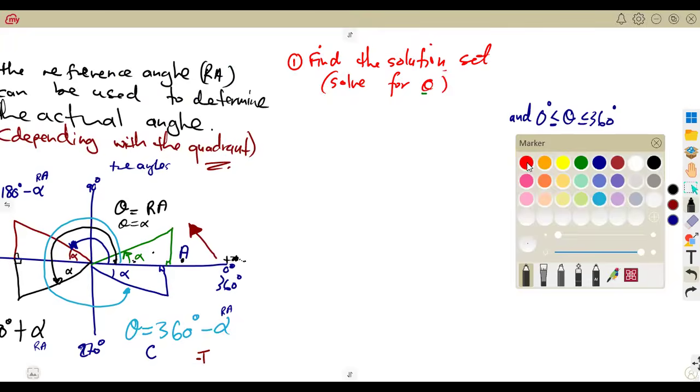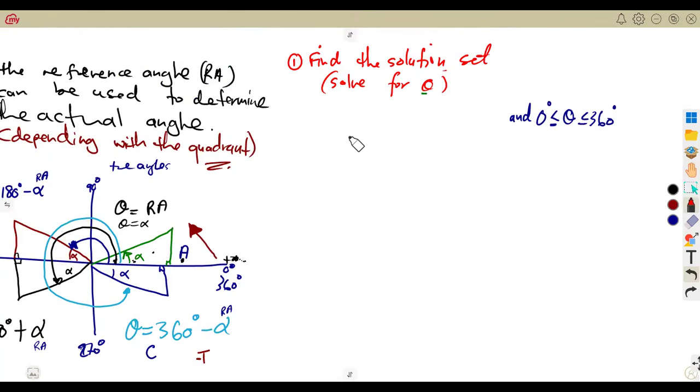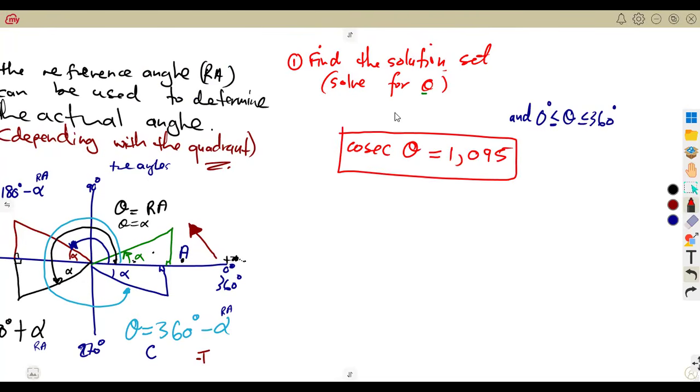Let's just have one with the reciprocal. They can give us something like cosec theta is equal to 1,095. This is what you have.